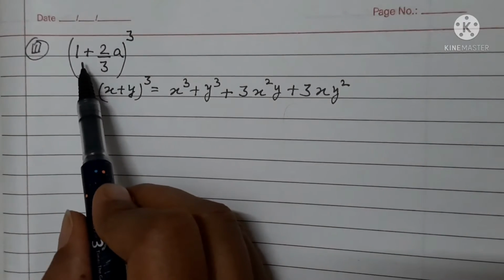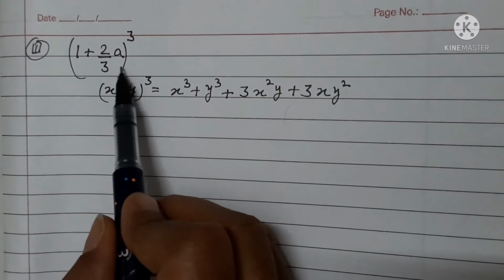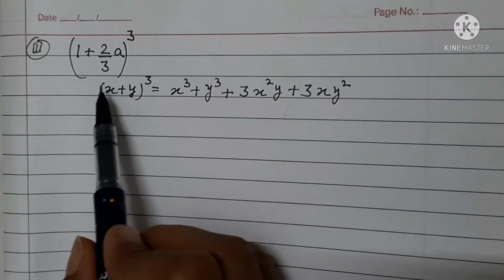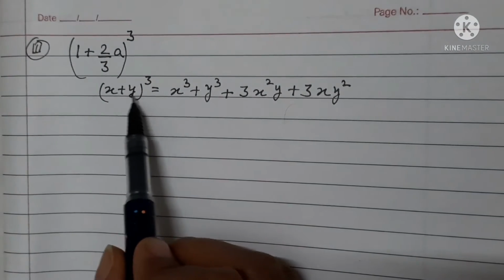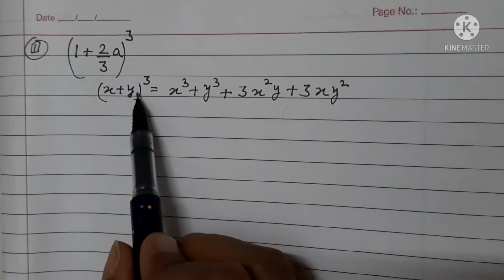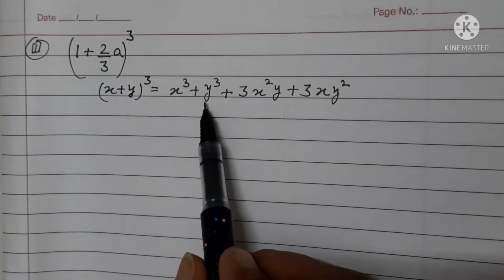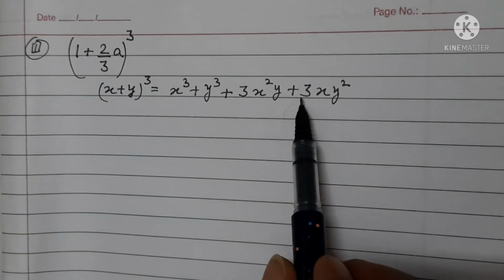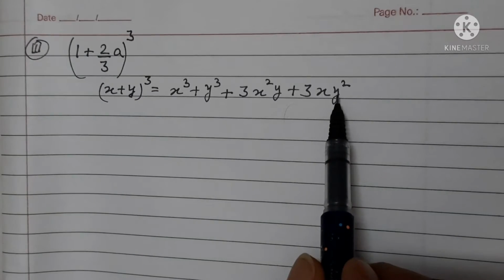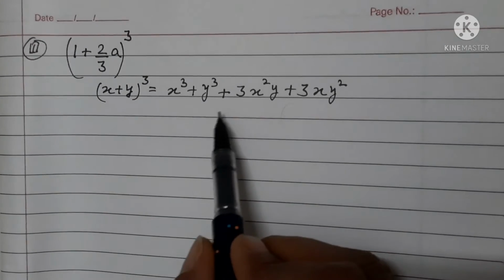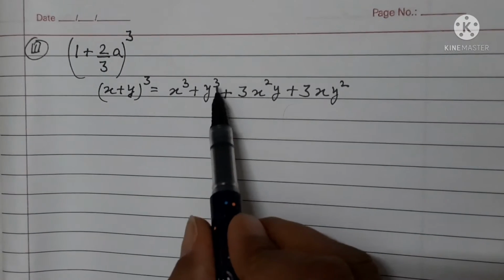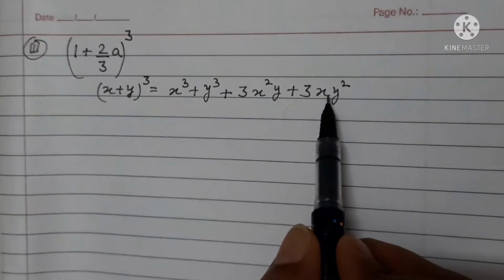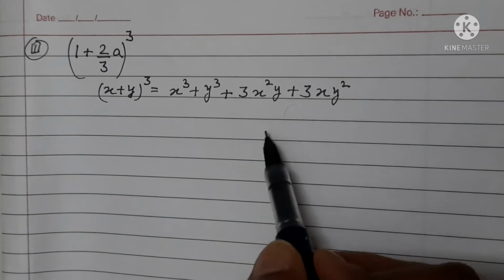This is the third part of question number 1: (1 + 2/(3a))³. Here because it is given in a, we are taking the formula in x and y. (x + y)³ = x³ + y³ + 3x²y + 3xy². We will use this formula in place of x³ + y³ + 3xy(x + y), because both are the same thing.